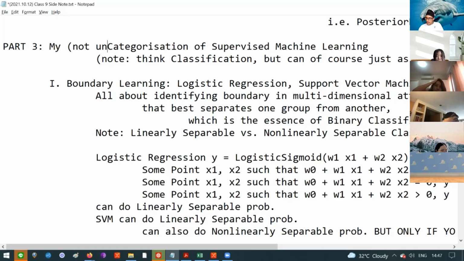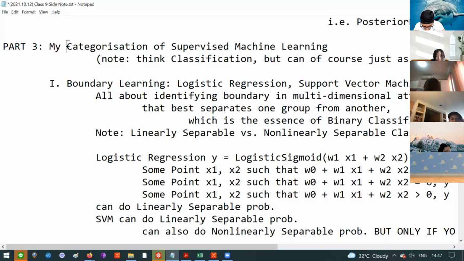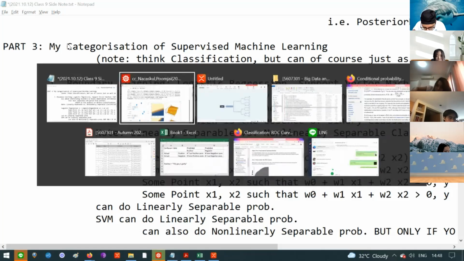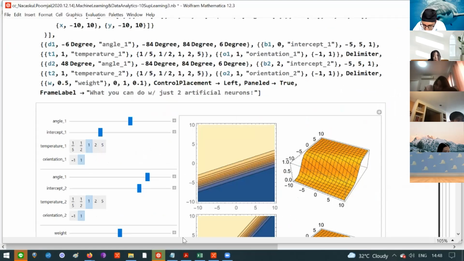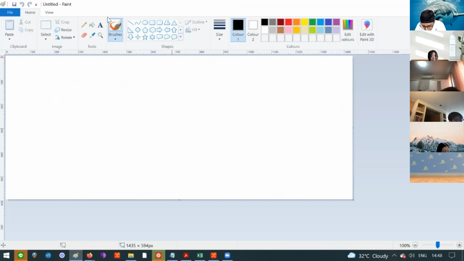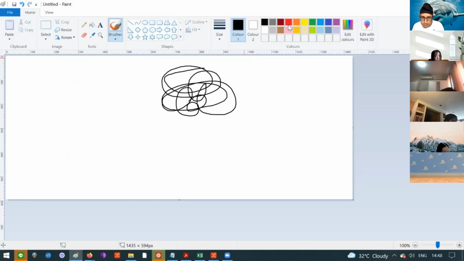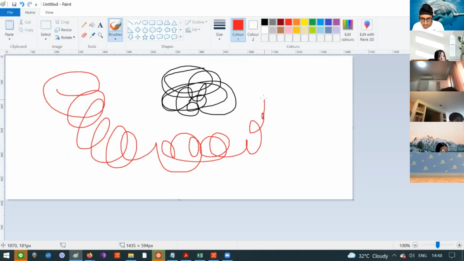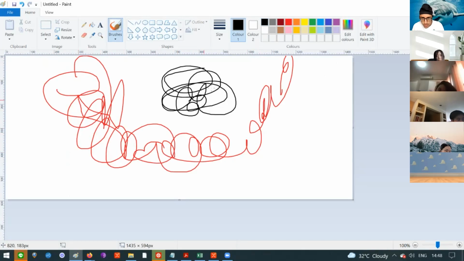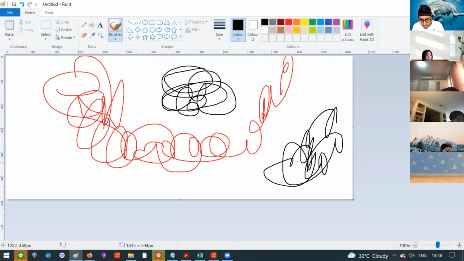Not universal, okay? So the first one is to say, I want to classify one data set from the other. So I want to separate things that are over here versus things that are over here. And things get complicated because you can have more things like this on this side as well, right?